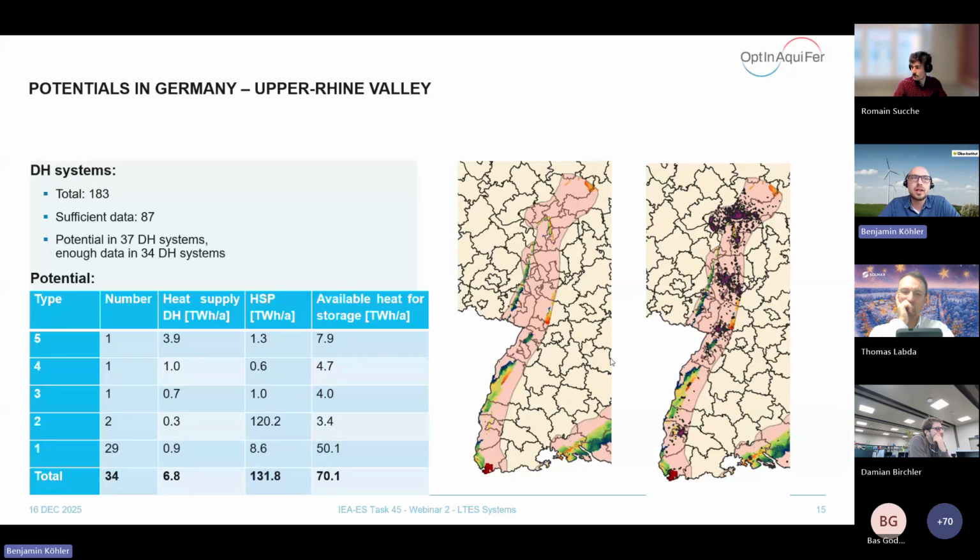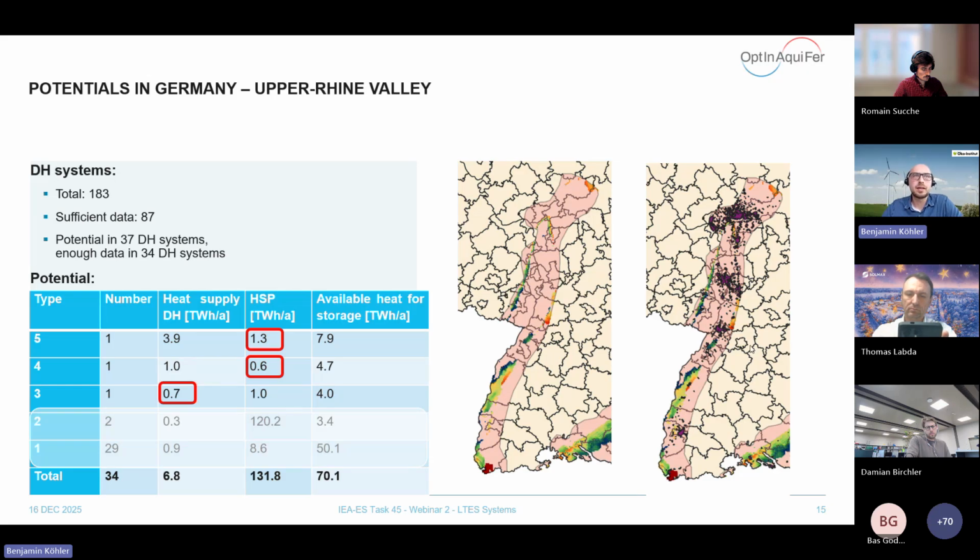In the Upper Rhine Valley, there are around 34 district heating areas which have potentials above ground and underground, and 3 district heating systems have a higher potential concerning the heat demand. Also here, in most cases, the limiting factor defining the maximum potential is the heat storage potential in the underground.